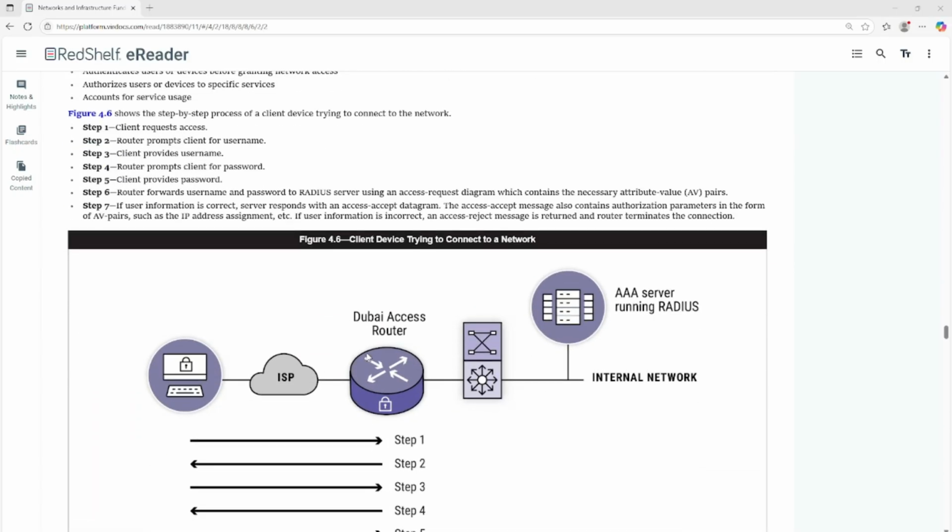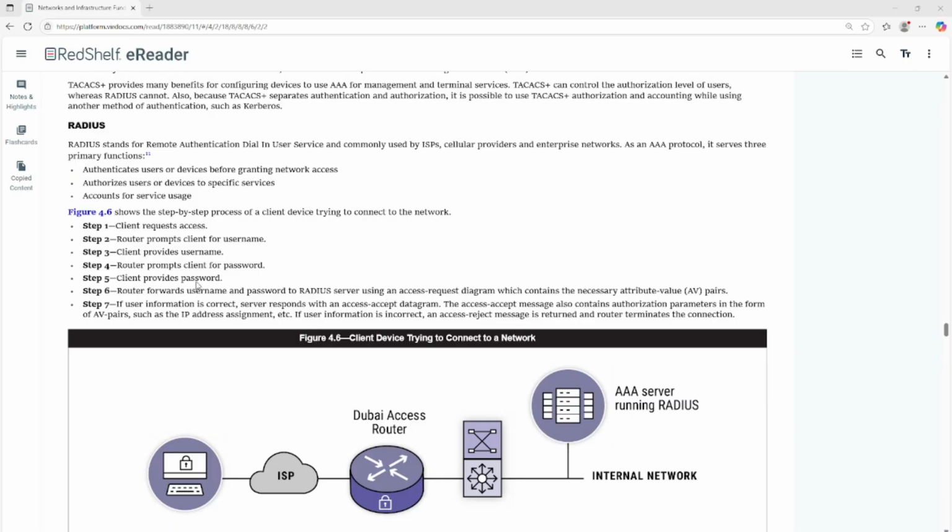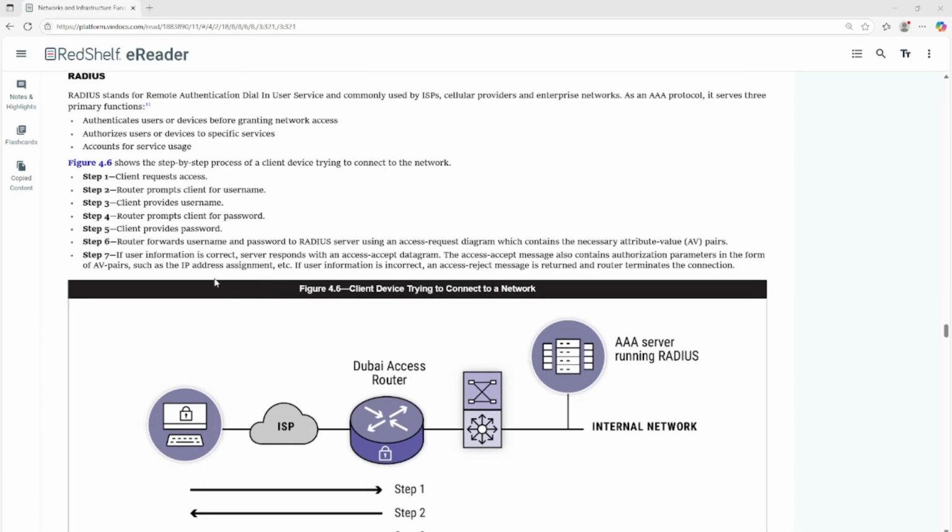The diagram in figure 4.6 depicts a client device that's trying to connect to a network. It shows a step-by-step process of a client device trying to connect to a network.